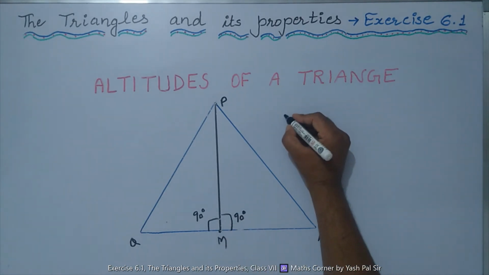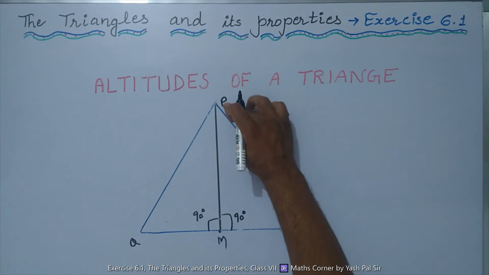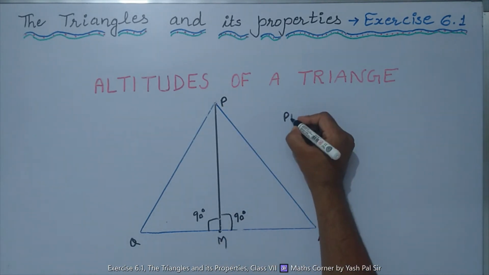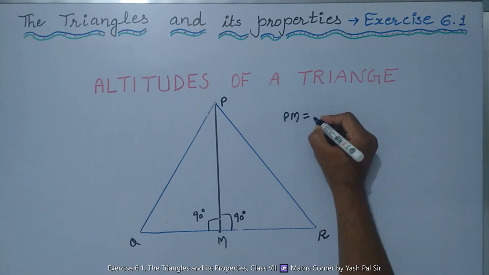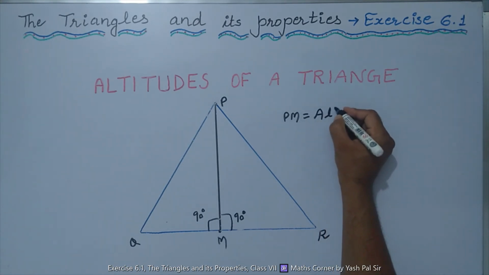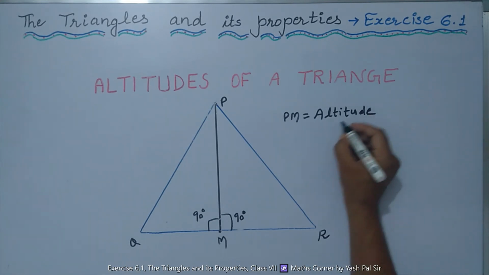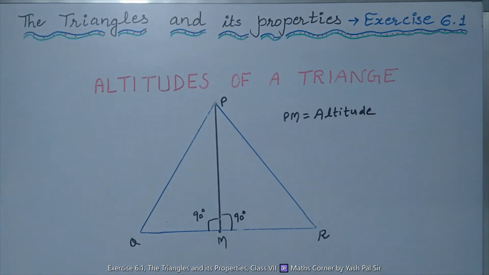So what we say, P is the vertex and this is the point M, PM is called the altitude of the triangle, right. So again what we say, there can be three altitudes of the triangle.